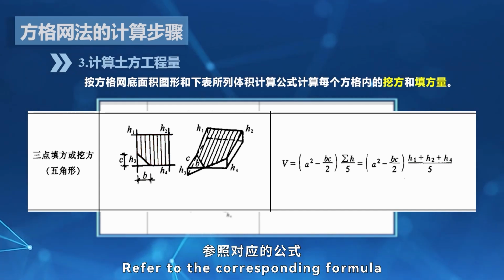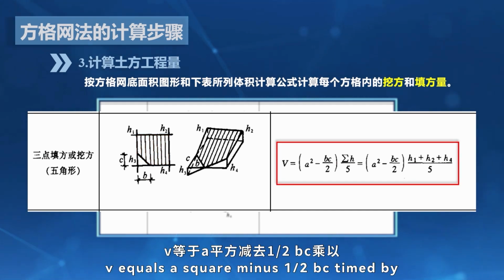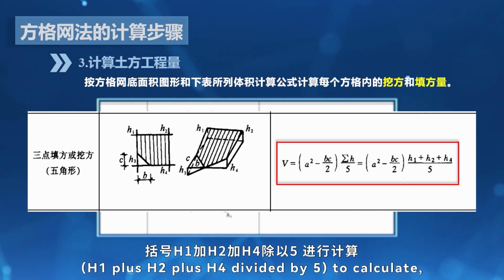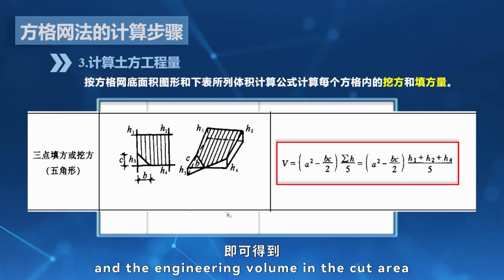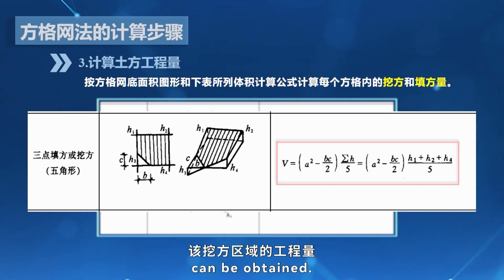Refer to the corresponding formula: V equals a squared minus 1/2 BC, times open parentheses H1 plus H2 plus H4 divided by 5, close parentheses, to calculate the engineering volume in the cut area.